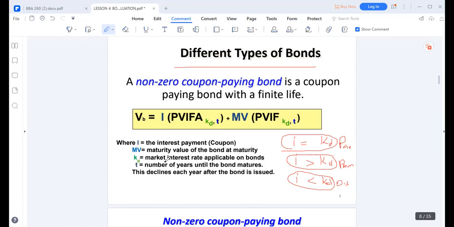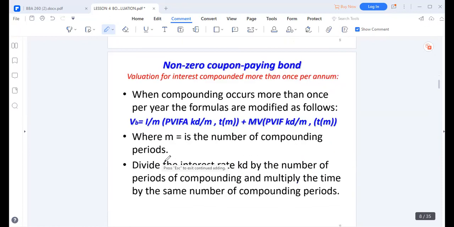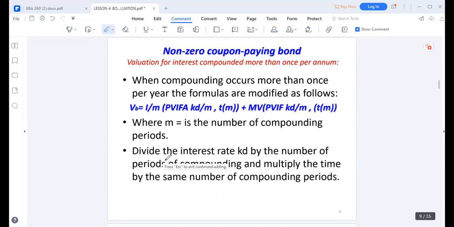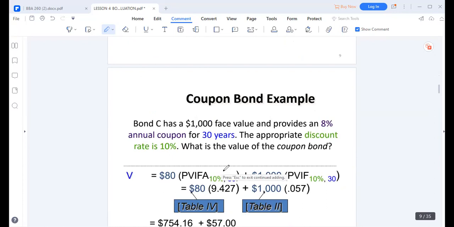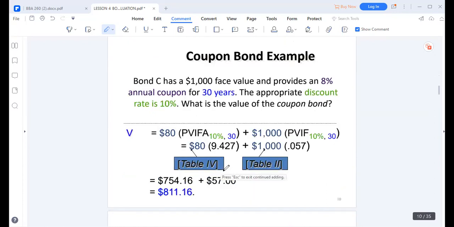All right. So now we're going to look at how to compute a coupon bond. I'm usually very interested in using the manual calculations to compute the value of a bond, but I also teach you how to use our tables.